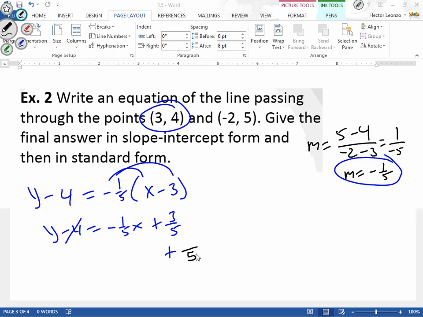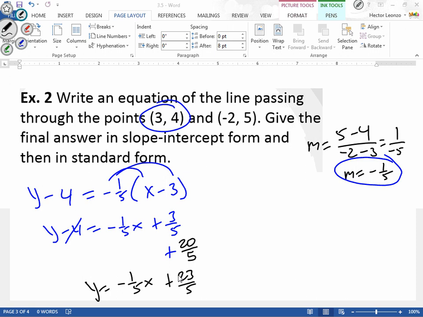So for me to know what to write on the top, since this whole thing is 4, I'm just going to go 4 times 5, which is my denominator, and that gives me 20. Like 20 over 5 is 4. I'm just writing my 4 as a fraction with the 5 at the denominator. So looking at this, y equals -1/5 x, and combining my fractions, I'm going to call this plus 23 over 5.